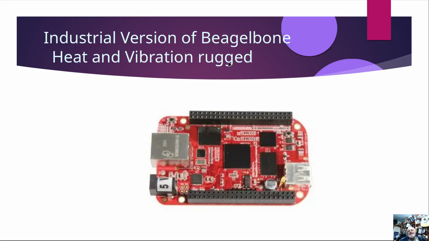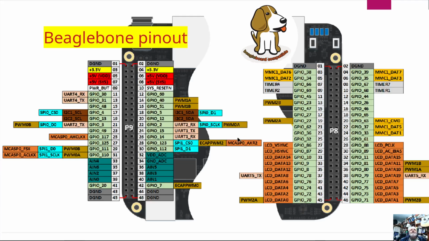You know, the difference here is an industrial version implies that the soldering and the chips and the shielding and stuff was done in a way so that it's less susceptible to heat and vibration. These are the I/O pins for the BeagleBone.